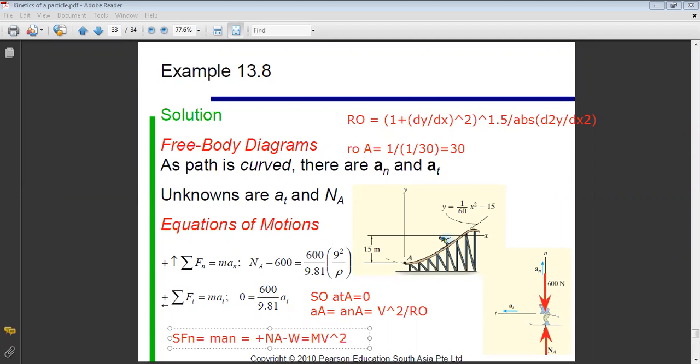We have already calculated rho, so all we have to do now is replace, and we get N_A. N_A is equal to W plus m v squared over rho. In this way, we have solved for the two unknowns, which are N and the acceleration. Okay.